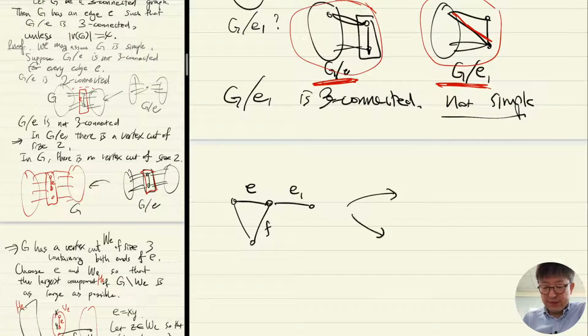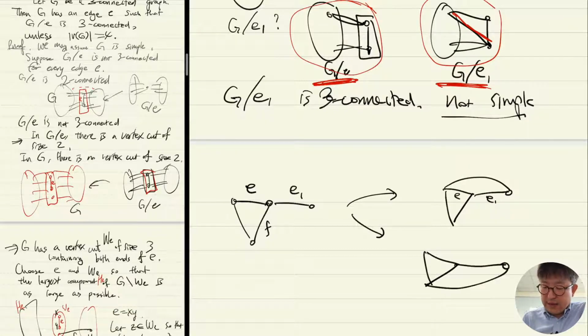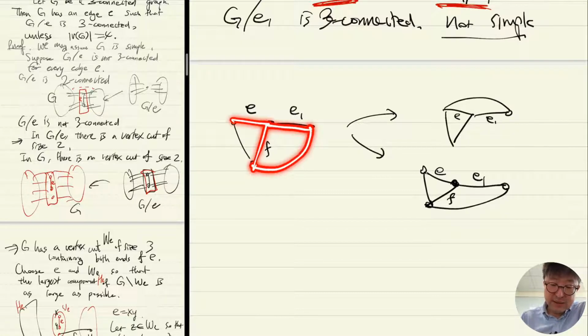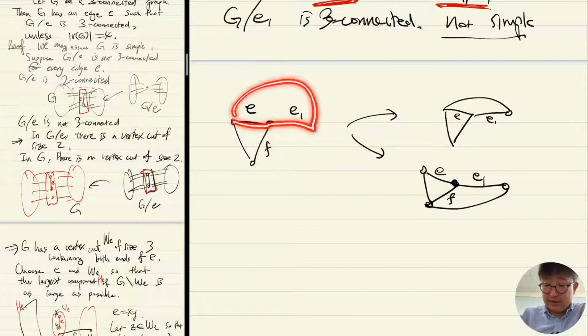You have two cases. Maybe it looks like this, or it looks like that. One of these two. Because this vertex has degree 3, you only have two options to make a triangle. So either this is the triangle, or that is the triangle.